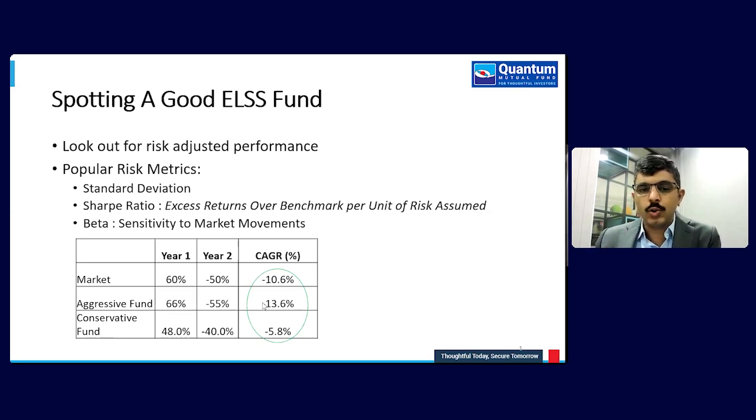So at the end of year 2, if you were to look at the compounded annual growth rate, the conservative fund, which fell less in the second year, scores much better on a 2-year combined basis.